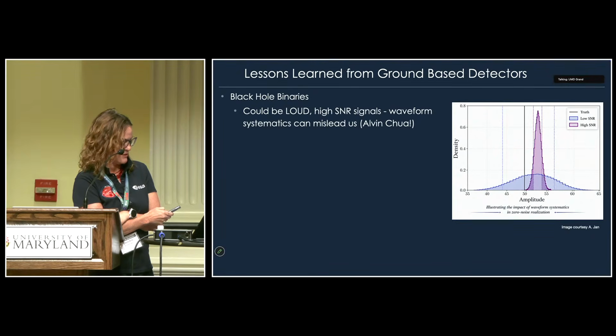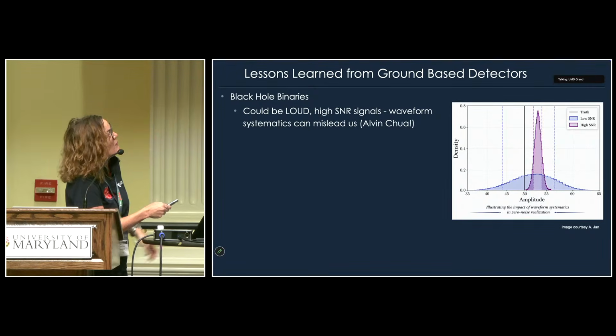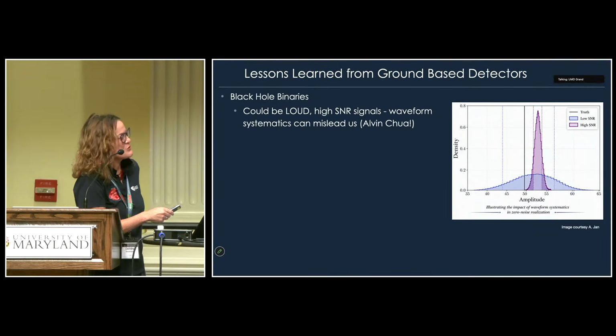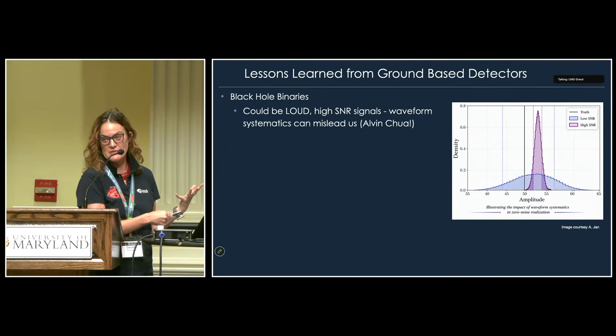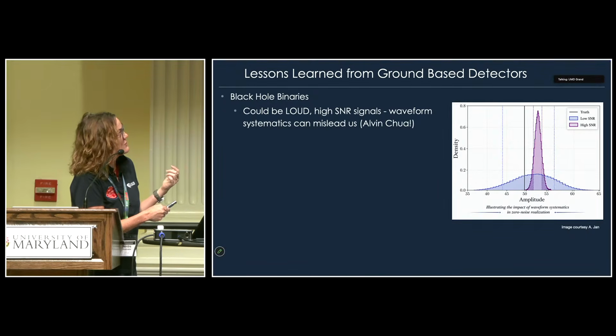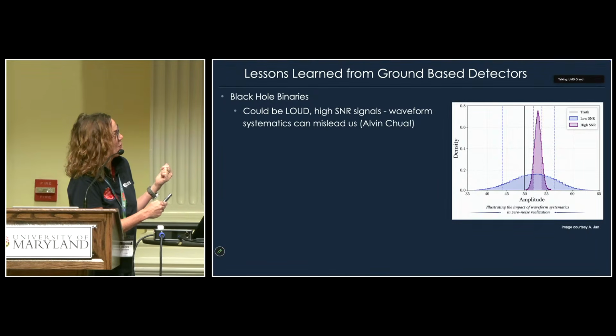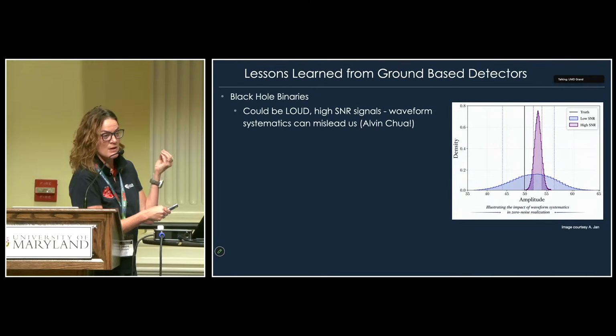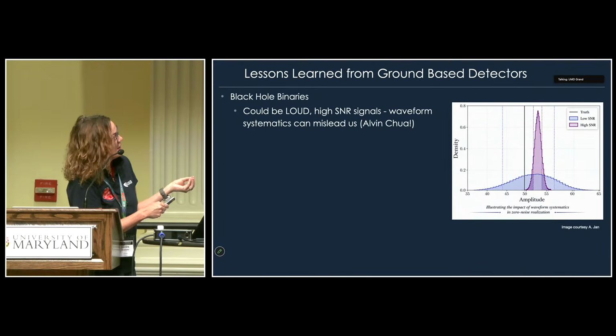But you can see, Alvin didn't show this plot because my student made it for his PhD, but this one told a story to me, because I think I was a little bit naive in understanding what it meant to have a high SNR signal. This is looking at fake parameters, doesn't matter what they are, but here was the low SNR attempt to use a waveform to get detection, here is the truth, the actual value of the parameters, and this is the high SNR.